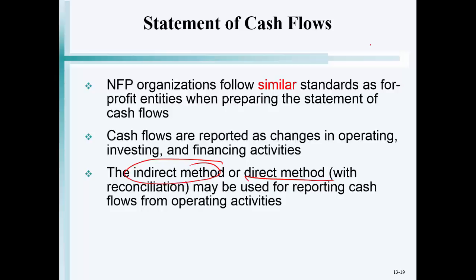Then we can use the direct or the indirect method. Unlike government, where we had to use direct, FASB allows not-for-profits to also use the indirect method when we report information for the operating activities.